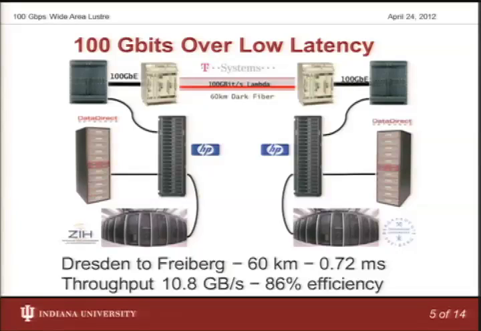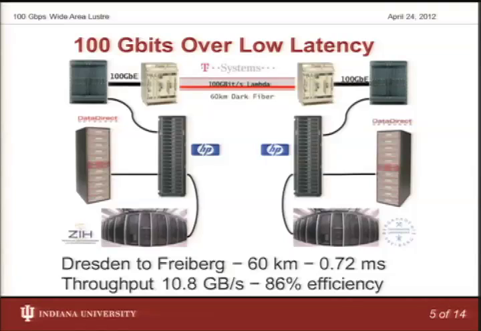So the setup they were using is a cluster in ZIH in Dresden and one in Freiburg. These are both IB interconnected clusters, and so they went through LNet routers on both ends, which also functioned as the OSS, and then a DDN SFA 10K, and then on through the 100 gigabit path.